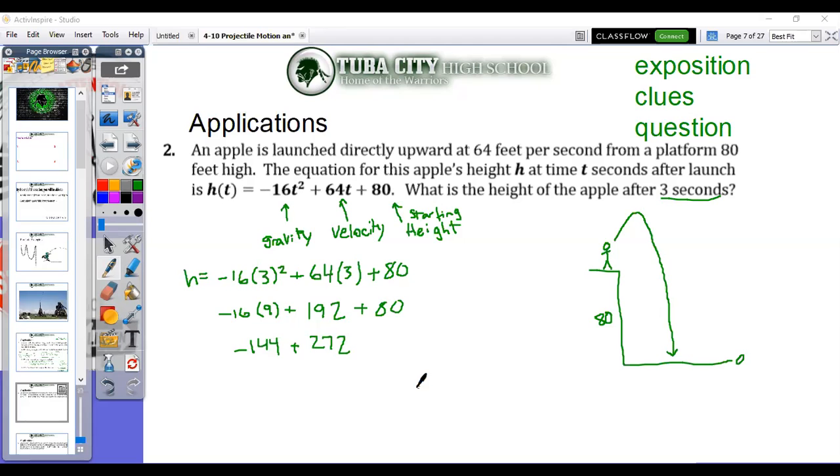So we get 128. So h, right here, still h, the height is equal to 128 feet. So at the vertex right here, in 3 seconds, it has gone up 128 feet.